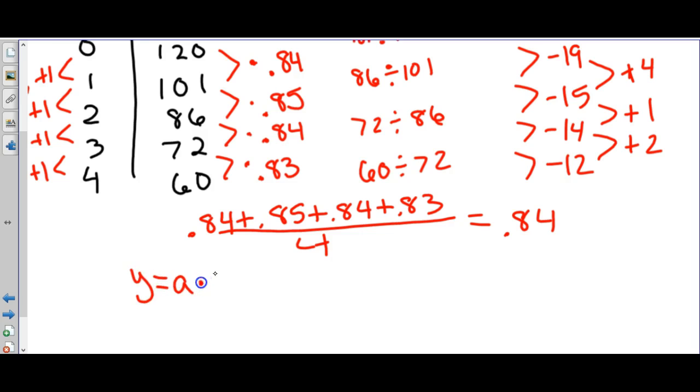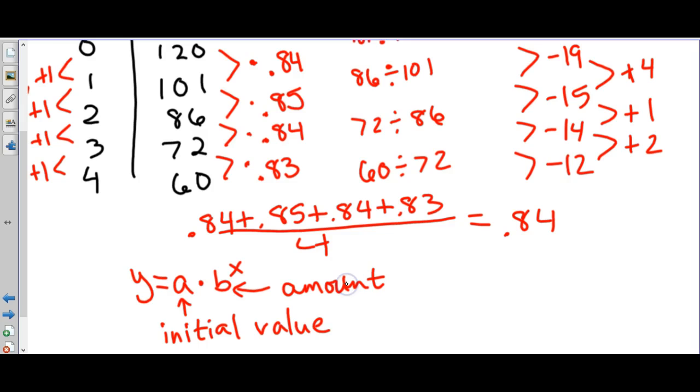We know the equation for exponential is y equals a times b to the x. So in this equation, a is considered the initial value, and b is your amount of change. So with quadratic, we had to plug stuff in to y and x to find a. For exponential, we just have to identify what is what.